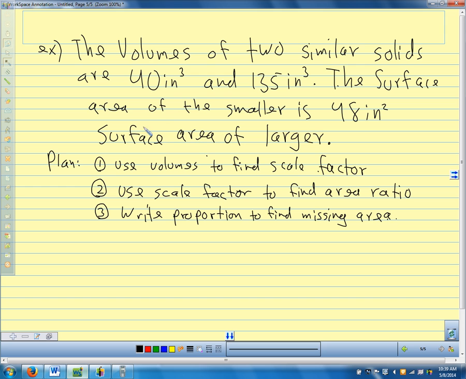So let's use the volumes to find the scale factor. We want the surface area of the larger, so I'm going to write my ratios with the larger over the smaller.